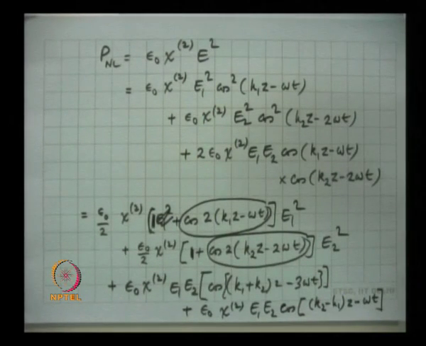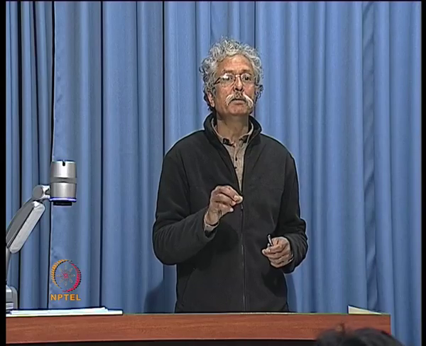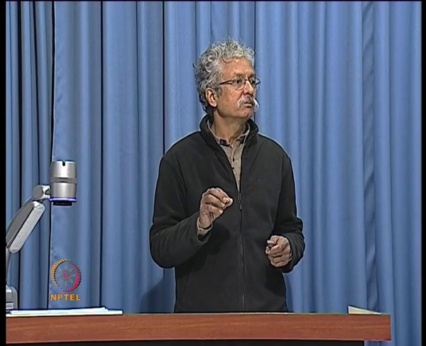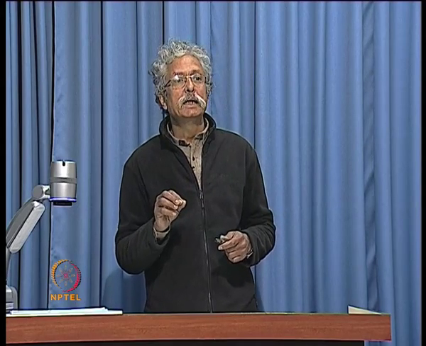Now, it so happens, as we will discuss, that to generate 2 omega from omega, I must satisfy some conditions called phase matching conditions. If I do not satisfy those conditions, the efficiency of the generation of new frequency is very, very little.